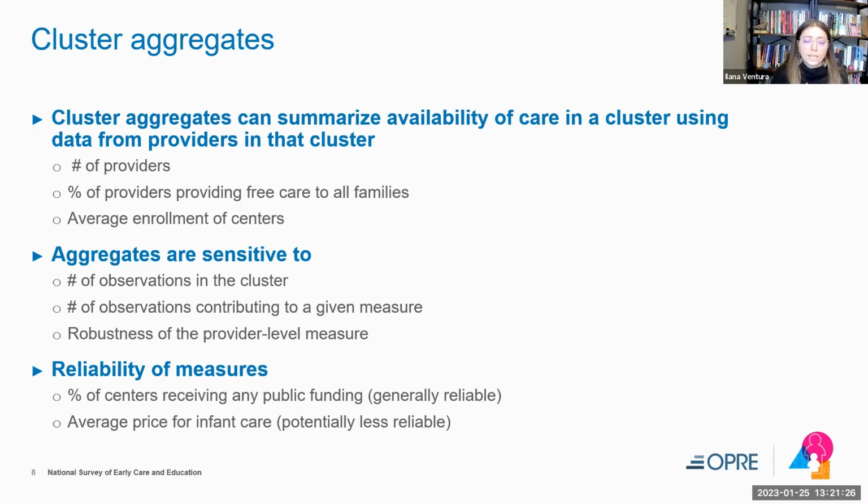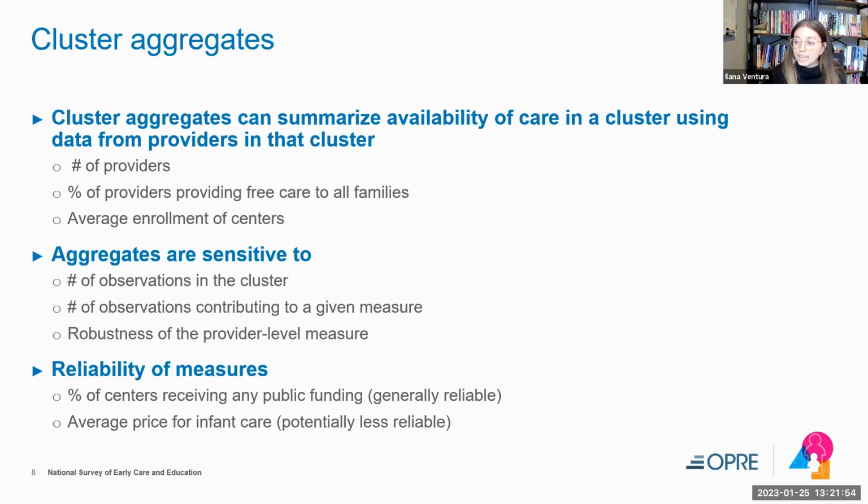So it's always important to be conscious of the robustness of the provider level measure. Additionally, these aggregate cluster level statistics can be merged with household survey data using cluster IDs, but NORC can do that matching for you.